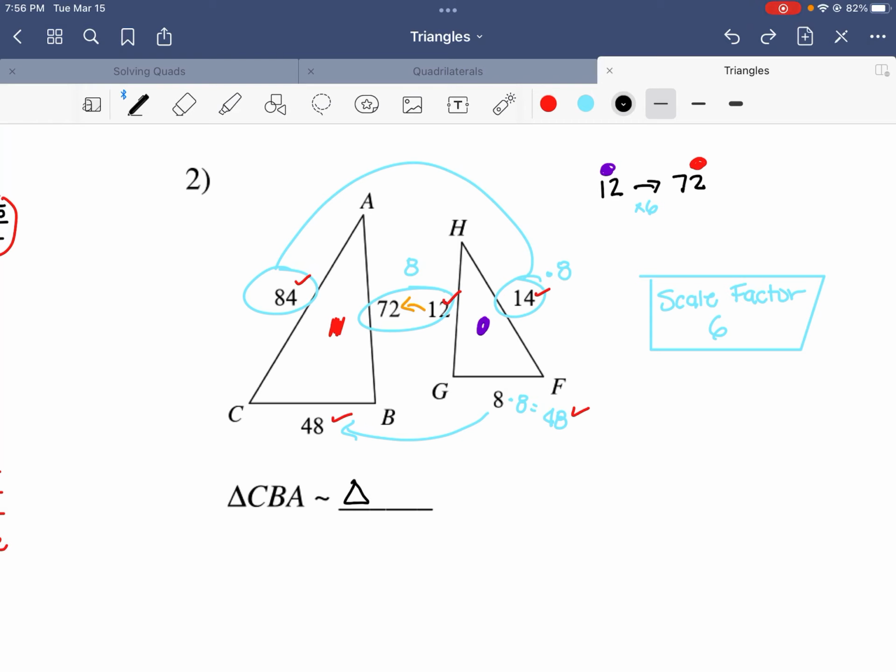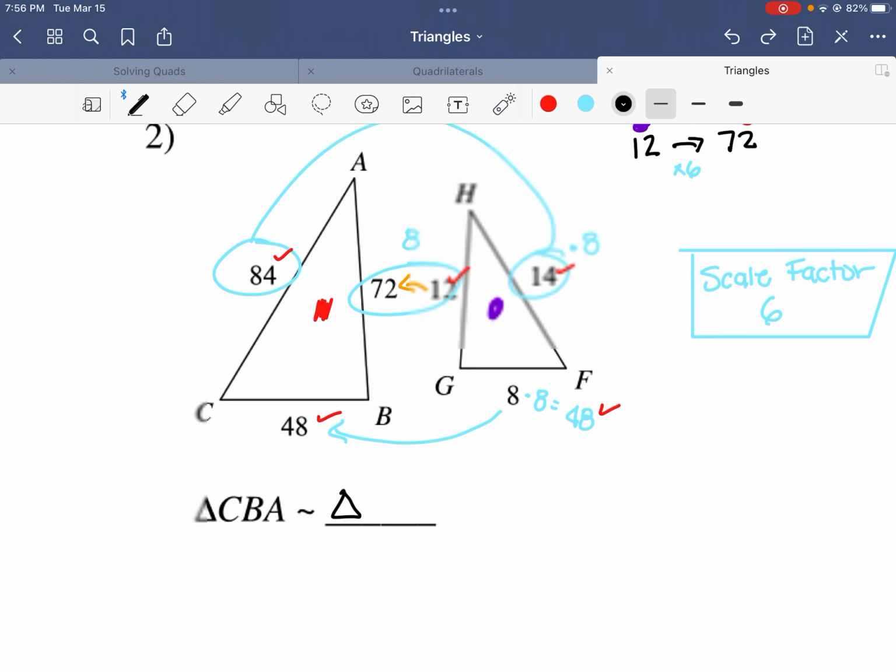Now we have to be careful about how we write this. We can't just write HGF or FGH, however we want. We actually have to write down which ones are similar with which ones. So I can see that this line right here is my hypotenuse, and this side over here is also my hypotenuse. And I see that C is at the bottom of my hypotenuse and F is at the bottom of my hypotenuse.